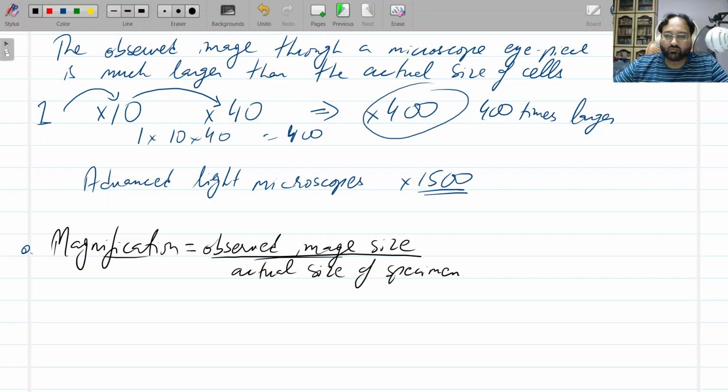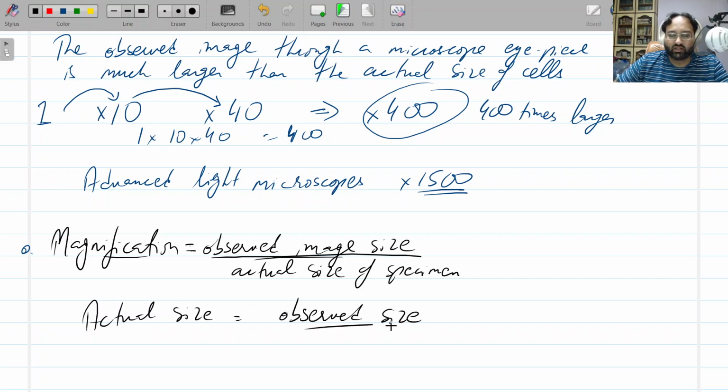You can manipulate this, and you can say actual size equals observed size divided by magnification. So that's just manipulating the equation.